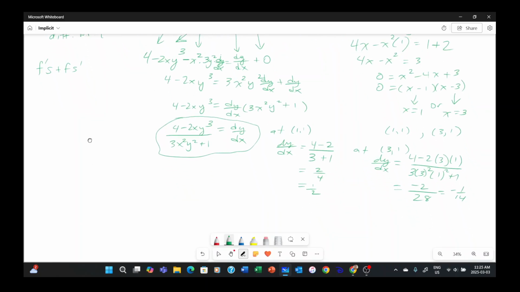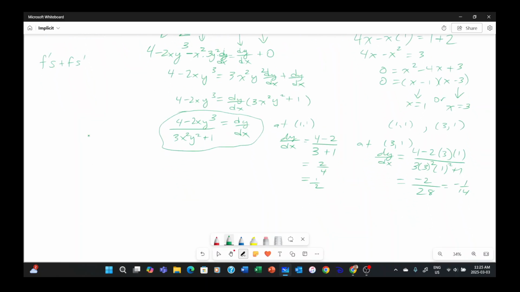And just don't make the mistake of forgetting the last step. The question asked you for the slope of the normal. So this is m tan. Sometimes I'll ask you for the normal, the tangent, sometimes I ask you for the equation, sometimes just the slope. Make sure you've read the question.